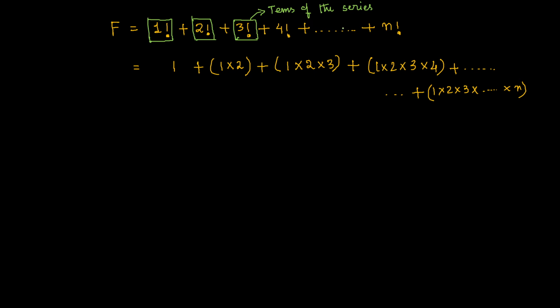Sometimes these terms are simply a single value. For example, if the equation was something like f equal to 1 plus 2 plus 3 plus 4 plus 5, suppose, dot dot plus n, then 1 is also a term, 2 is also another term, 3 is also another term.